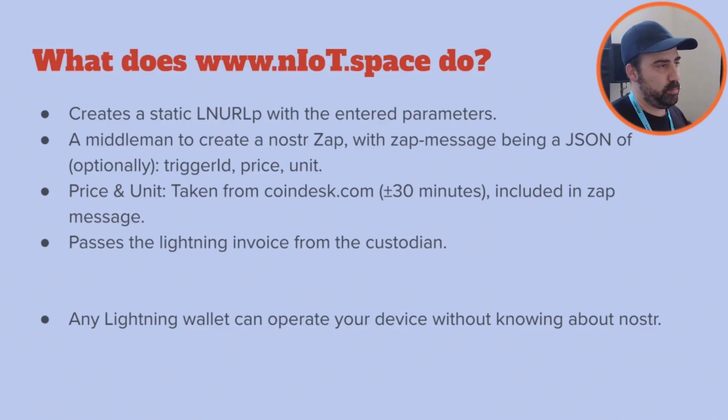And it can also be linked to a fiat price. So the NIOT.space profile will create the zap event and will make sure that the payer actually pays the exact amount in fiat. And how can you be sure that you receive the right amount in fiat? You can check the JSON message. The ZapWatcher can check the JSON message inside the zap event.